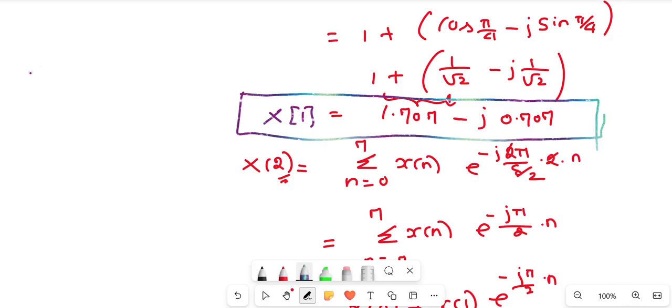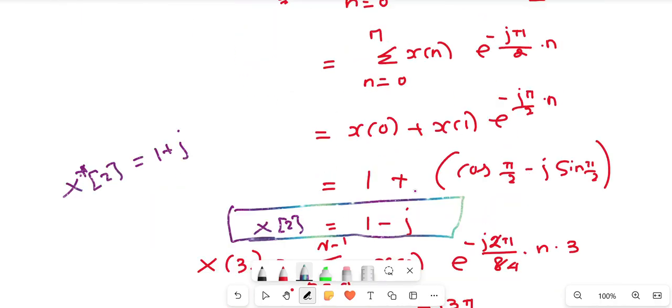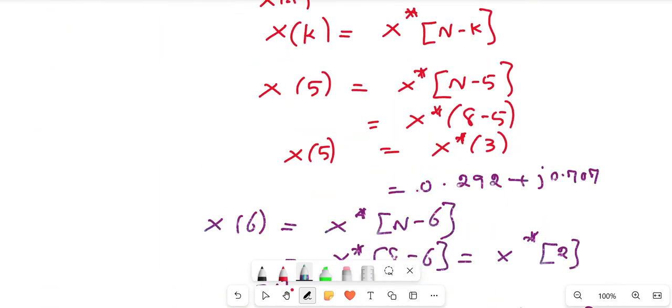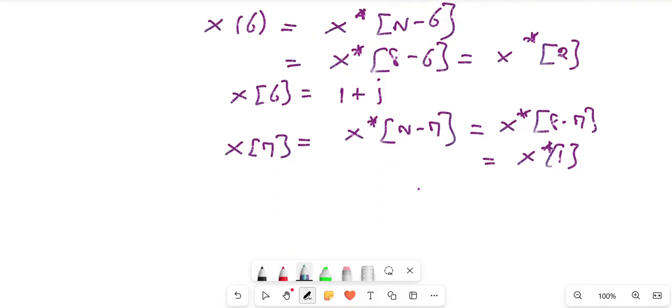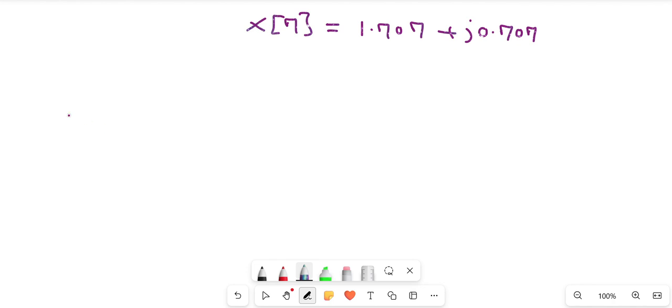Now what is the complex conjugate of X of 1? The real part is as such 1.707 and the imaginary part is plus j 0.707. So X of 7 is equal to 1.707 plus j 0.707.